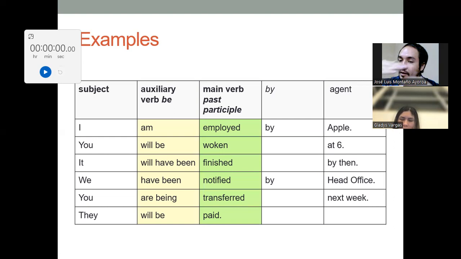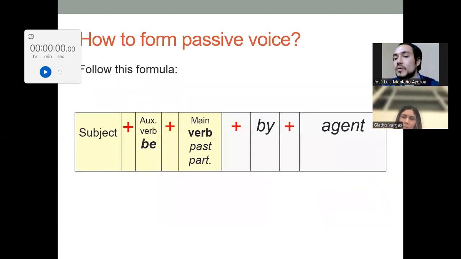Okay, so you're going to write one entire paragraph about your situation there with active voice, but at least three ideas in passive voice, one in present, one in past, and one in future. All right, if you have questions for how you can build that well-structured passive voice structure, you can look at the formula here or you can ask me. So let me know please if you have questions before we can start with the writing exercise.